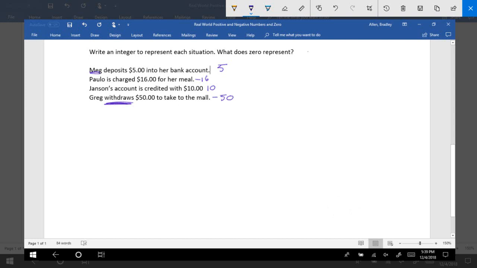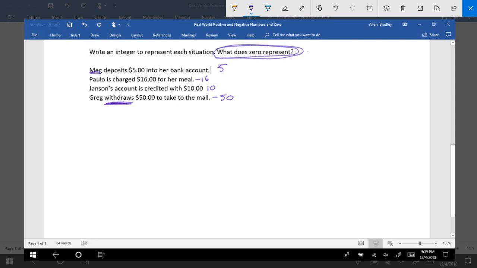Greg himself, his pocket might be going positive 50, but Greg's bank account, which is what we're talking about here, it's not very specific in this wording, but Greg's bank account is going minus $50 or negative 50, right? And so those are the integers that are represented. But now we want to think about this last question here.